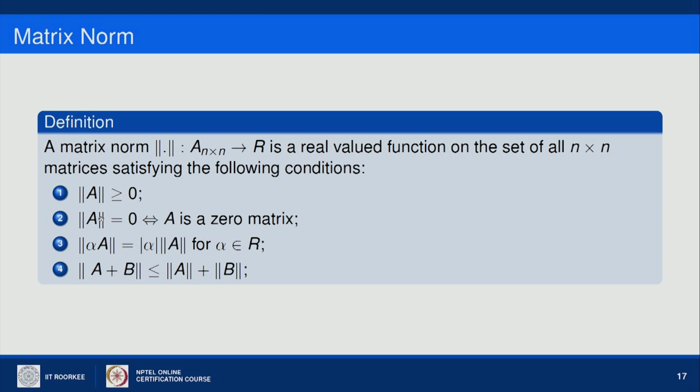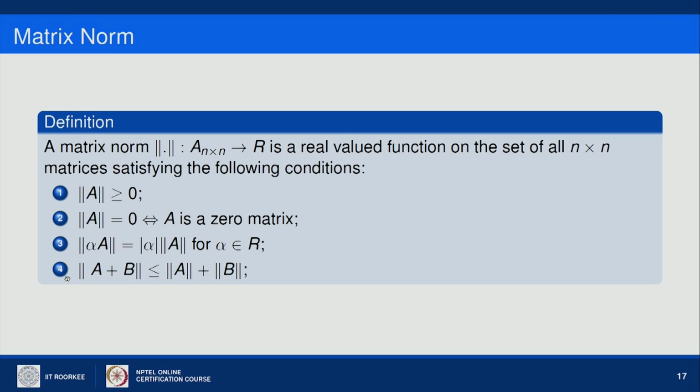The second condition is that it will be 0 if and only if A is a null matrix or 0 matrix. If you multiply the matrix A by some scalar alpha, then the norm of alpha times A will become the absolute value of alpha times the norm of A, for all alpha belonging to the set of real numbers.